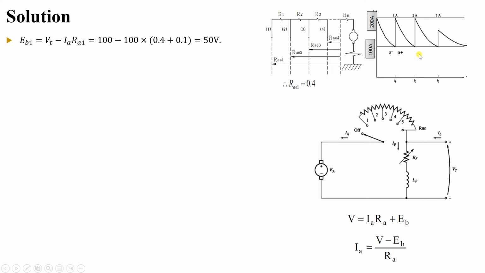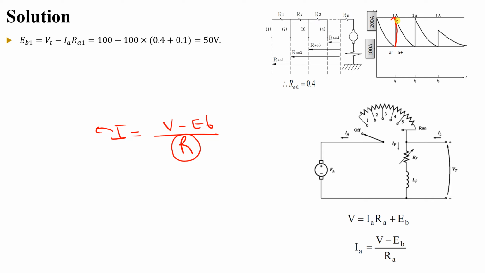Now at this specific point when we have E back equal 50, I would like to make the current go up again to 200 amperes. So the current will be V minus E back divided by the resistance. So I will get the new resistance right now. Our current will go from 100 to 200 by removing a resistance.